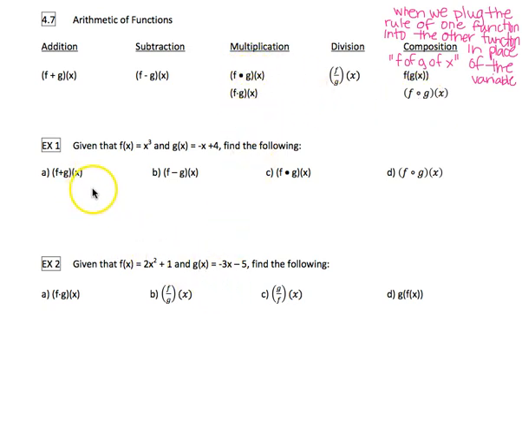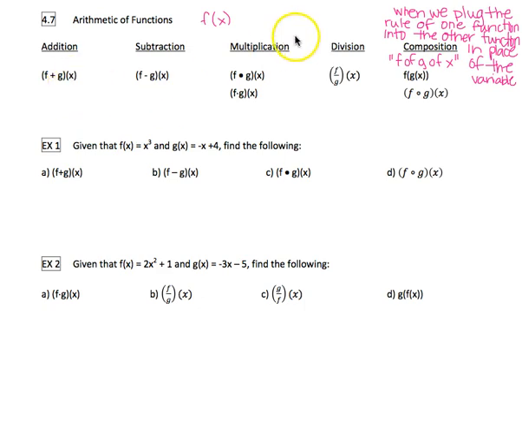The other mistake that I see students make a lot is just from not understanding the notation. This x here is just like the f of x in a regular function. This is saying f plus g of x. What I get sometimes is students who think that this means they then have to multiply by an x.